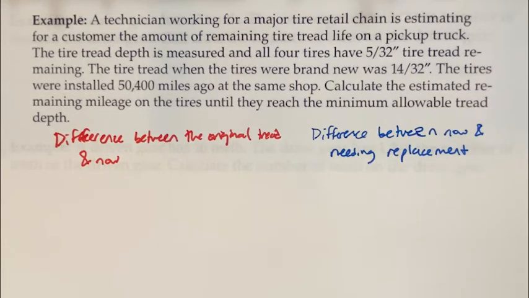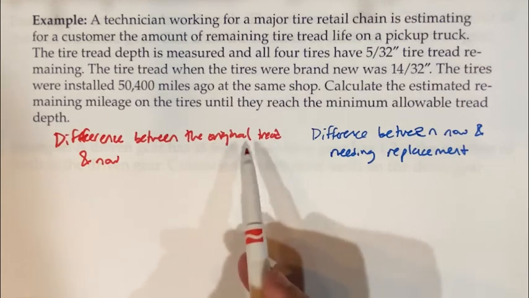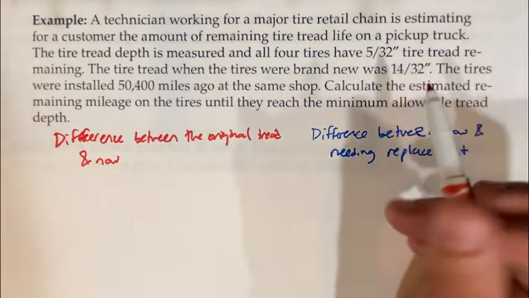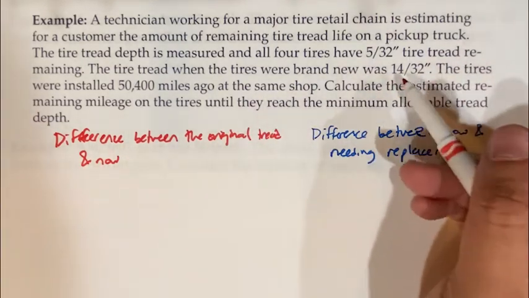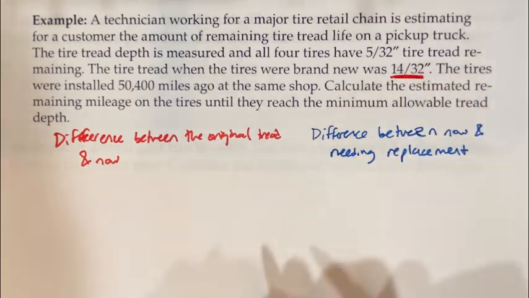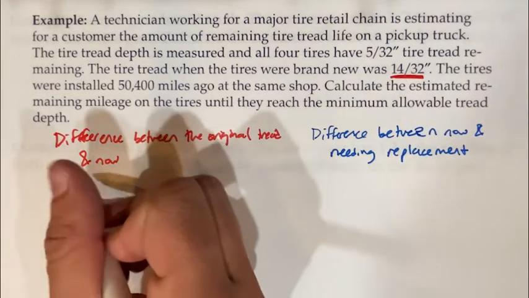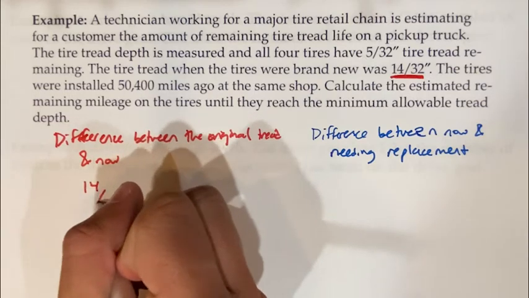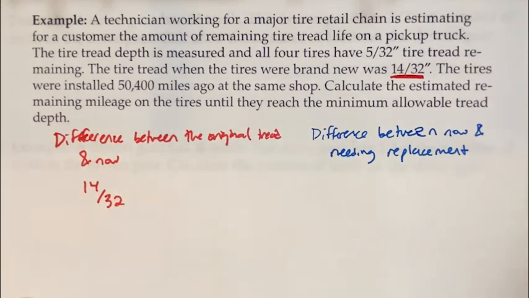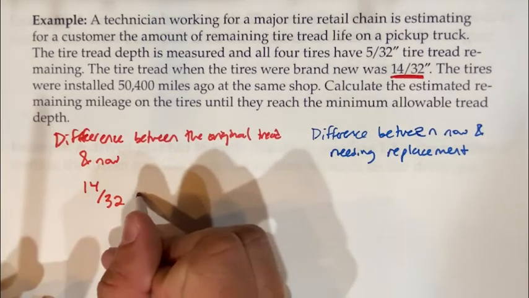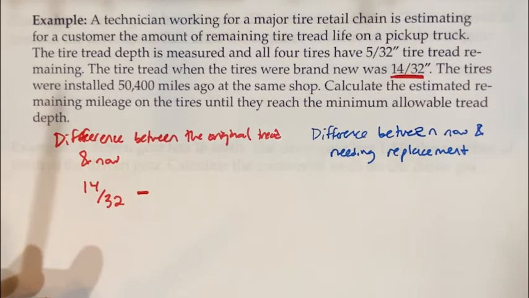So first, we need to find the original tread. And if we look up at our problem, in this example, the tires originally started at 14/32 inch. So they started at 14/32. And then we're looking for a difference, and a difference always is going to be a subtraction problem.